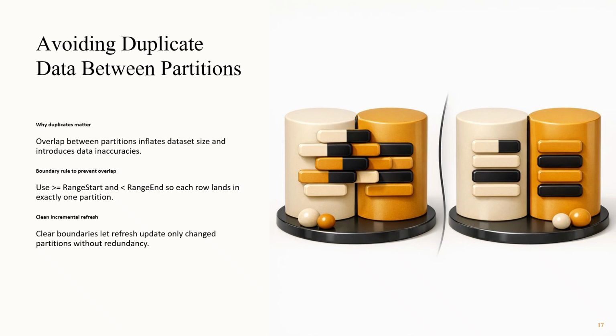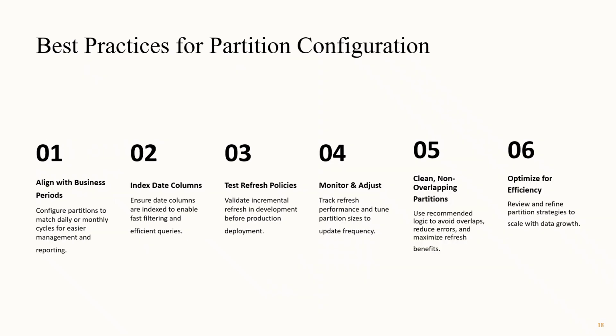Duplicate data between the partitions can cause data inaccuracies and inflate the data set size unnecessarily. So adhering to the strict partition boundaries using the parameters we defined ensures each data row belongs to exactly one partition. And these are the best practices for partition configuration.